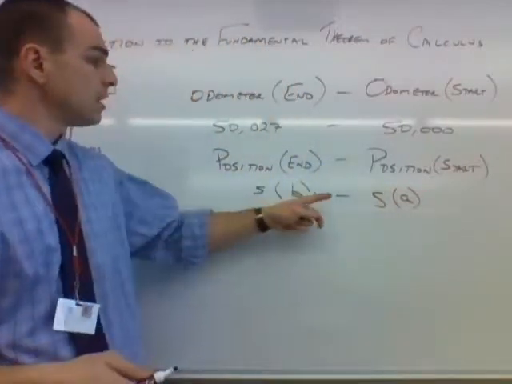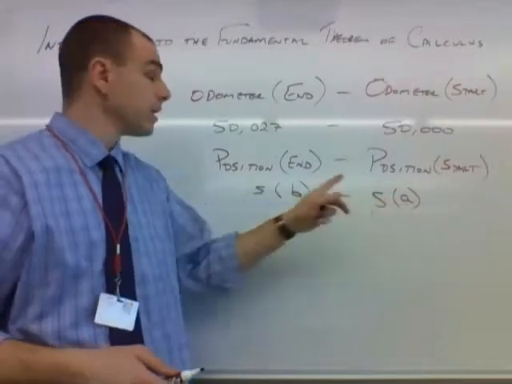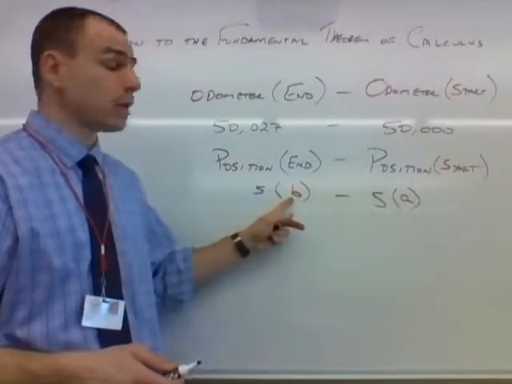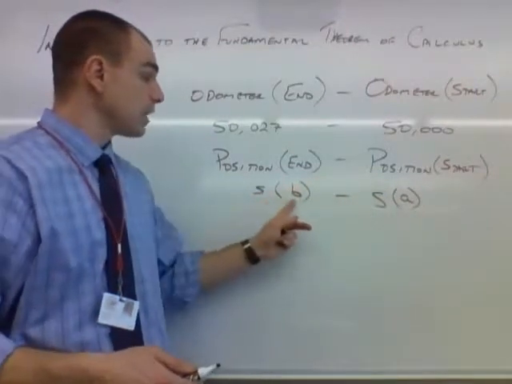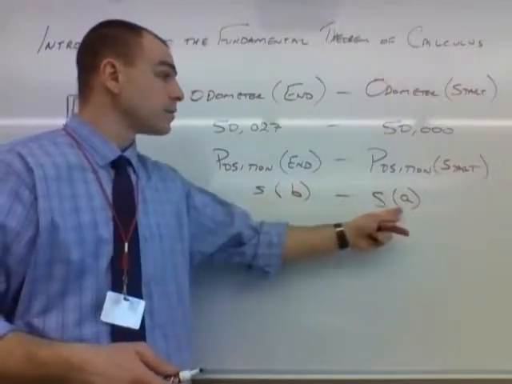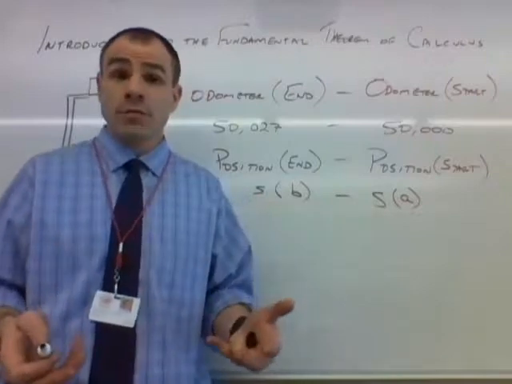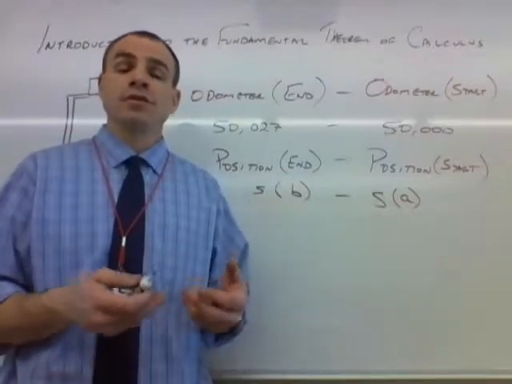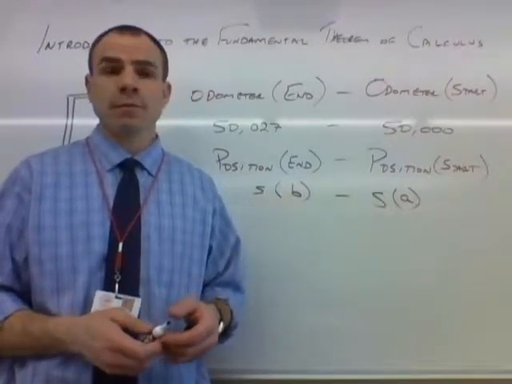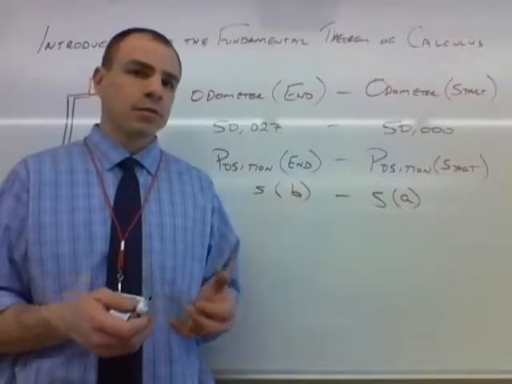The trip starts at time t equals A, and we get down there at time t equals B. The position at the end is S of B, the position at the start is S of A. S of B minus S of A, where S stands for the position function, represents the total distance which the car traveled. That's question number 1.